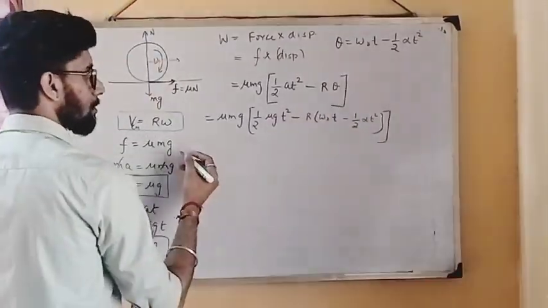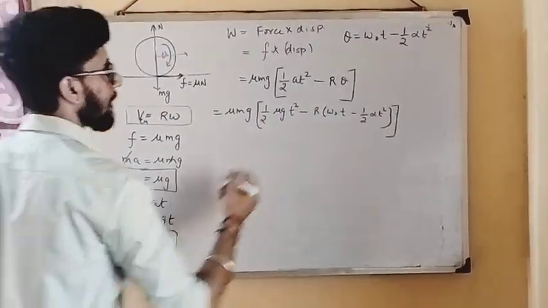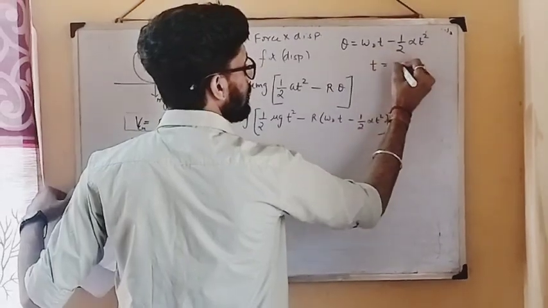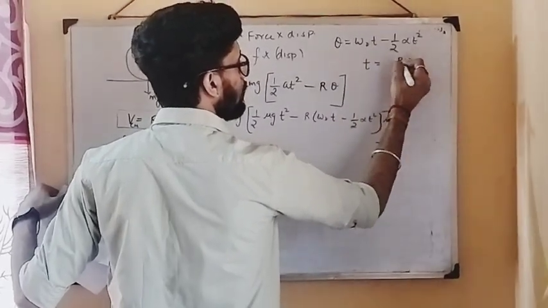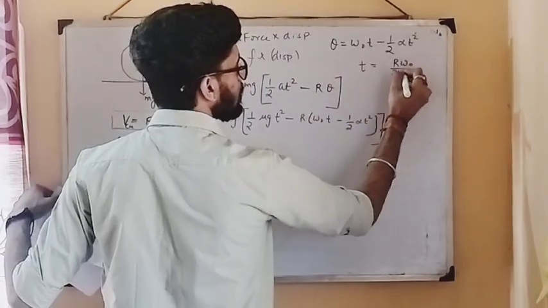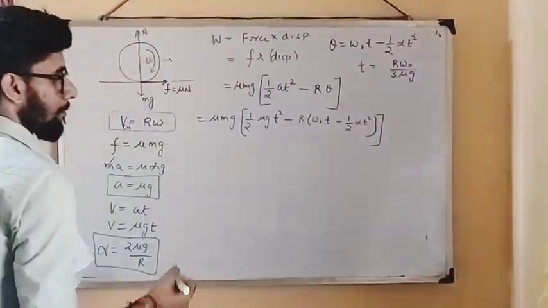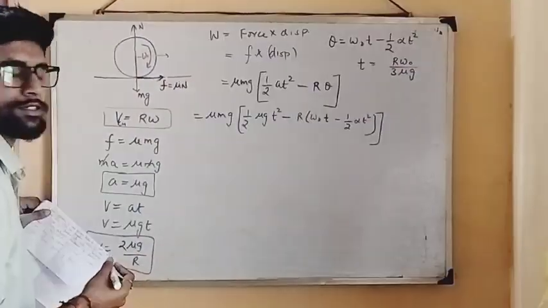We have already calculated the time. Time was r omega naught upon 3 mu g. From here we can put the values in the function.